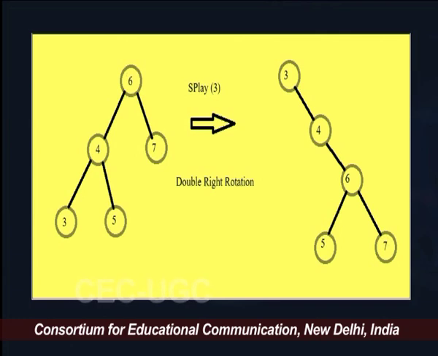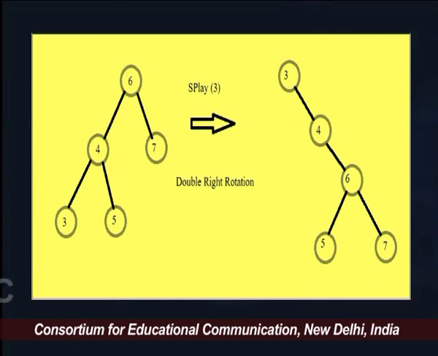So here we are splaying 3, which you can observe is the leftmost node of the tree. The parent node of this 3 is 4, while for 4 the parent node is 6. So we will be performing double right rotation. In one right rotation node 3 will take the position of 4, and in the second right rotation it will take the position of the root node.